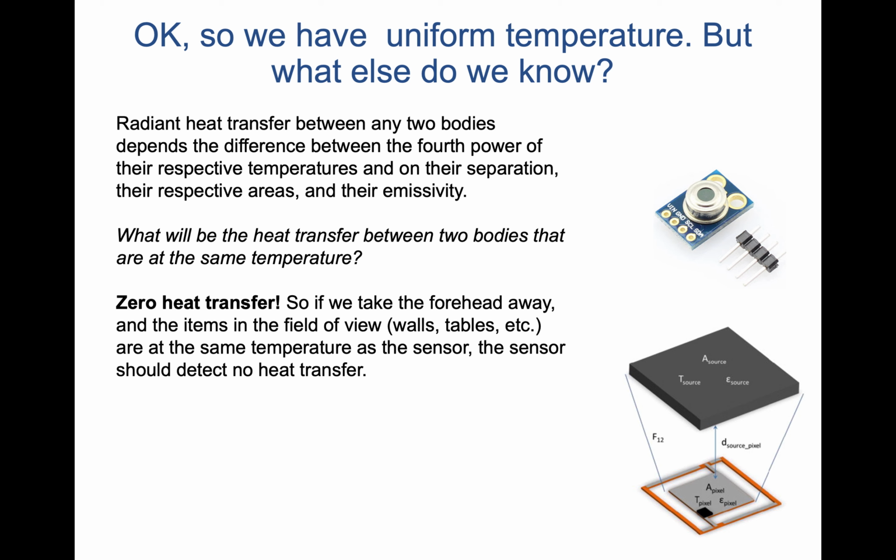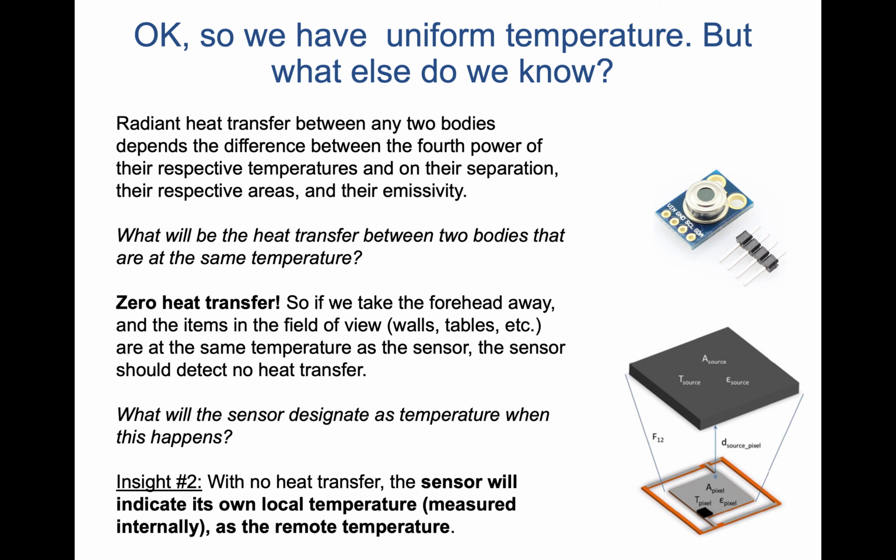So if we take the forehead away or move the forehead so far away that it's a negligible part of the area that the sensor sees, and all the other items in the field of view, walls and tables, etc., are at the same temperature as the sensor, it should detect no heat transfer. What will it measure as the temperature if it detects no heat transfer?